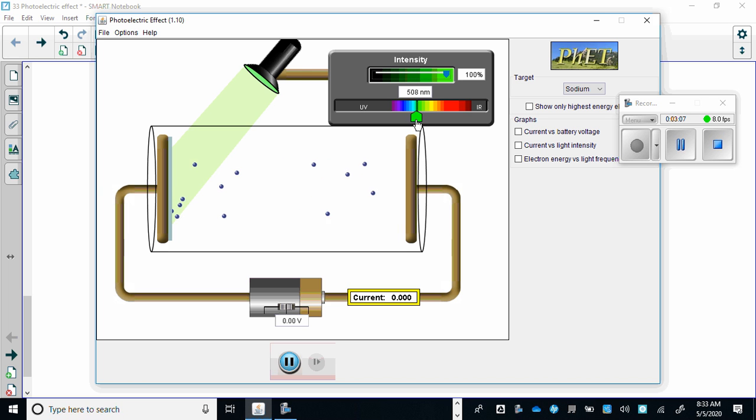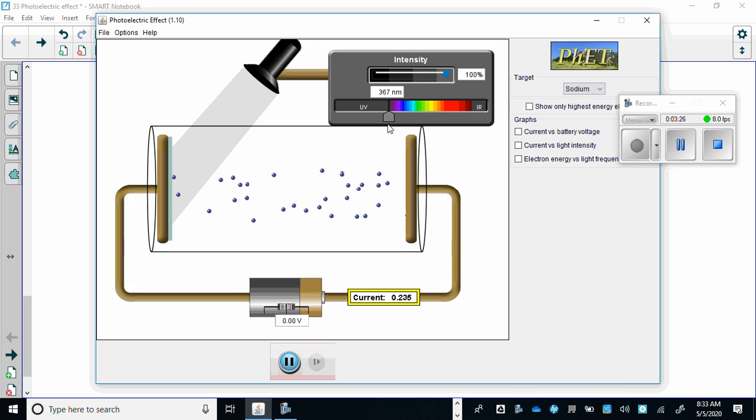Let's increase this a little bit. As I increase the frequency, in other words, I'm decreasing the wavelength, so I'm going closer to UV, to invisible light here, you can see that some of the electrons are getting faster. Let's really ramp it up there.